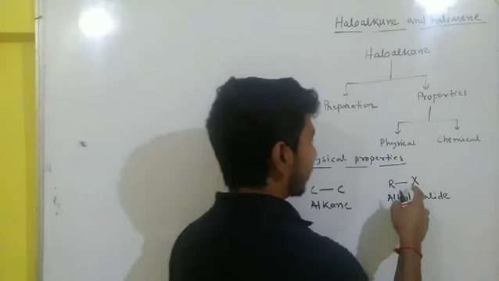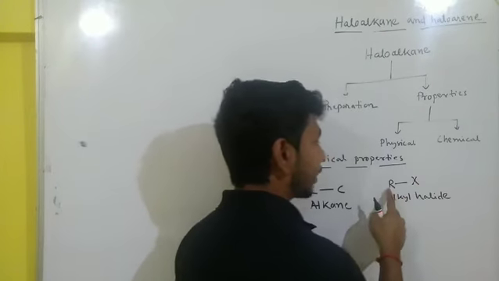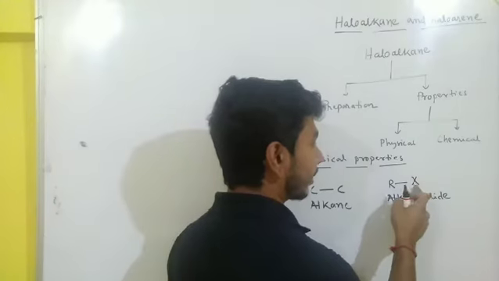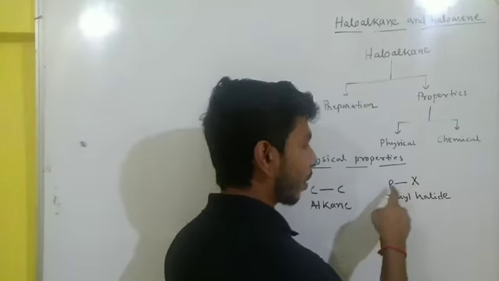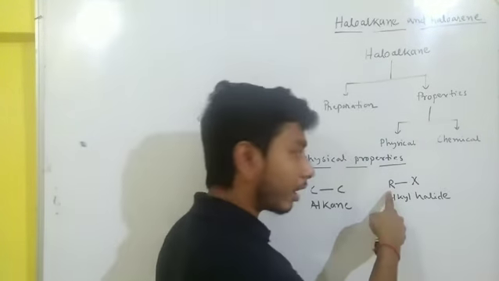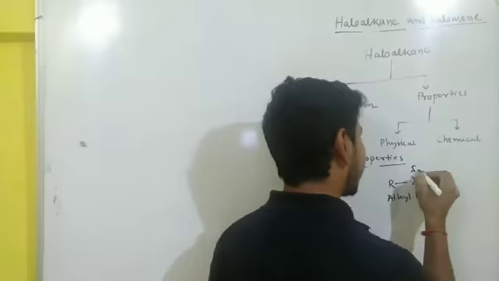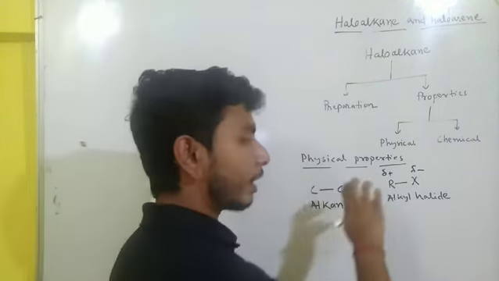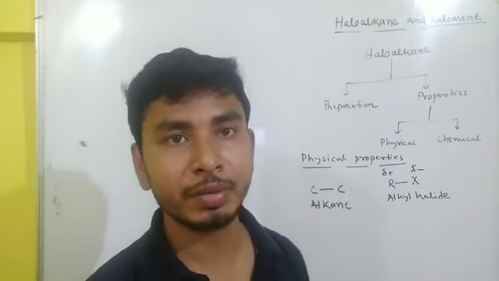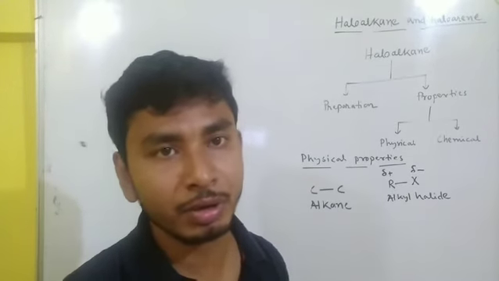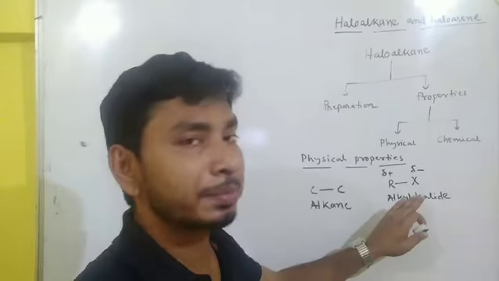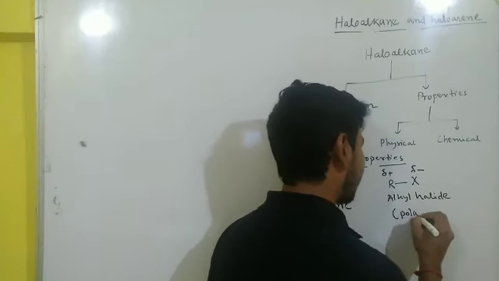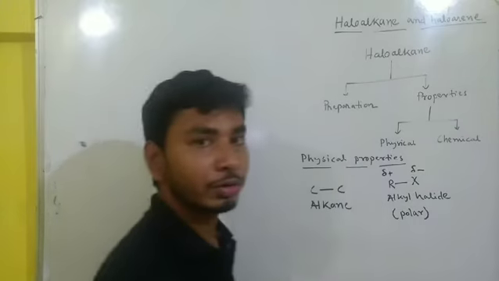Now in RX, R means carbon and X is halogen, so halogen has higher electronegativity as compared to carbon. So halogen is delta minus, R is delta plus. So in alkyl halide there is a difference in electronegativity between the halogen and the carbon. That is, the molecule is a polar molecule.